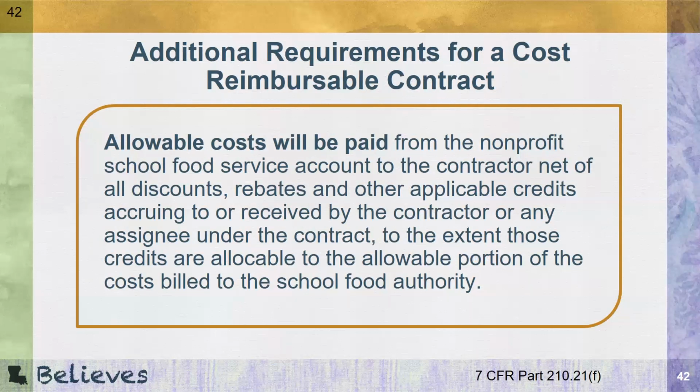When you use a cost reimbursable contract, you have to include stating that allowable costs will be paid to the vendor minus discounts, rebates, and/or credits.